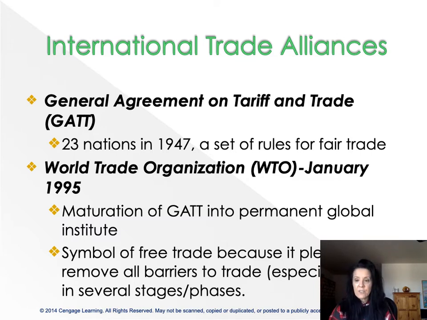It was signed in 1947, establishing a set of rules to ensure non-discrimination, provide clear procedures, settle disputes, and encourage participation of less developed countries in international trade. So GATT directly sponsored 8 rounds of international trade negotiations aimed at reducing trade barriers and restrictions.